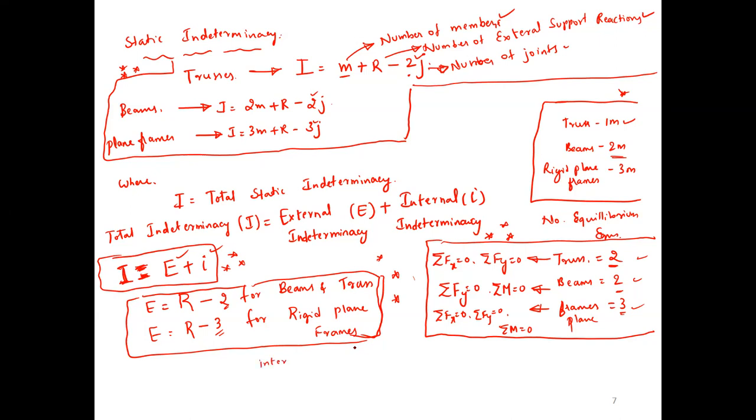Internal indeterminacy, small i, equals total indeterminacy minus external indeterminacy. This is very, very important.